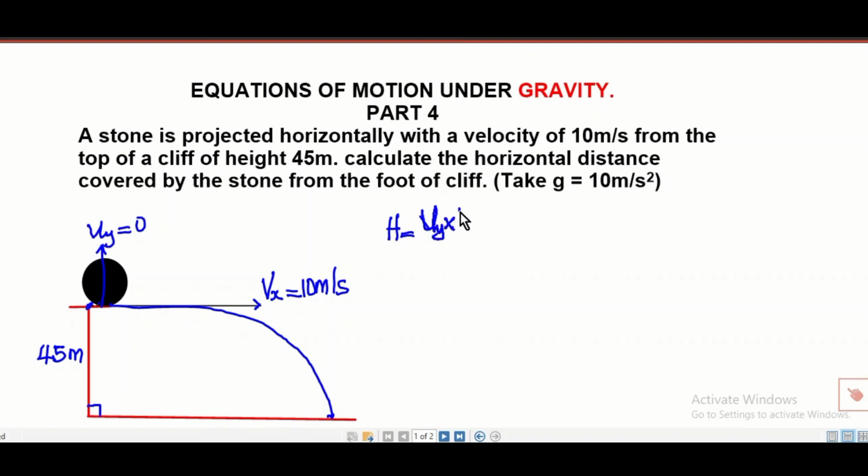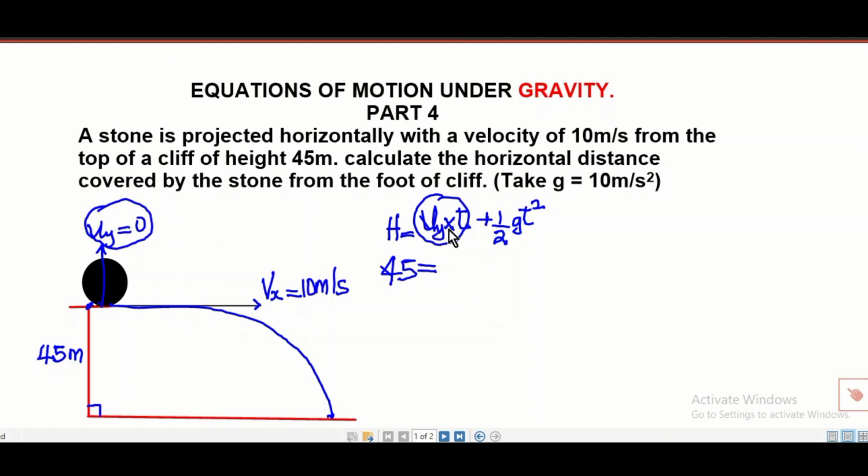S equals u times time, plus 1 over 2 gt squared. Now the height here is given as 45 meters, and the first term is going to be 0 because u vertical is 0.